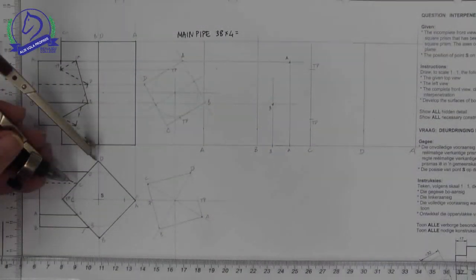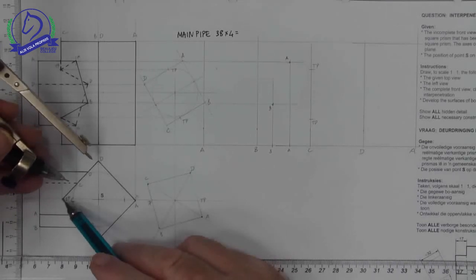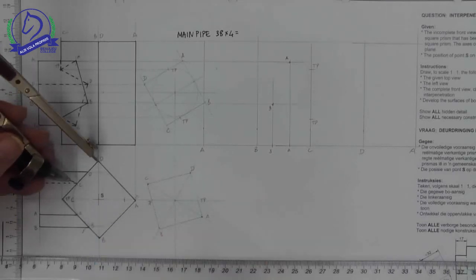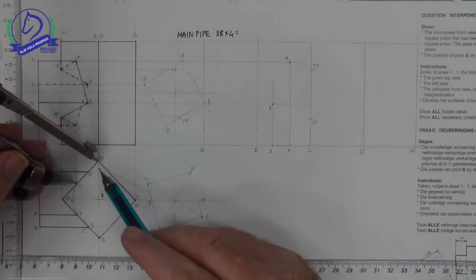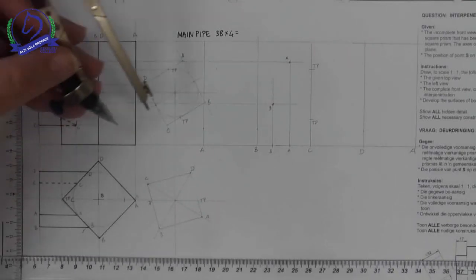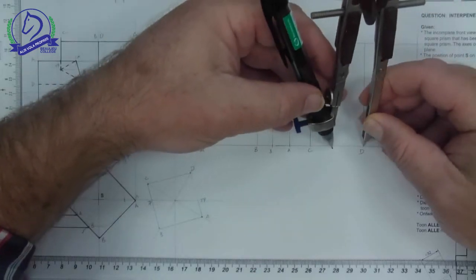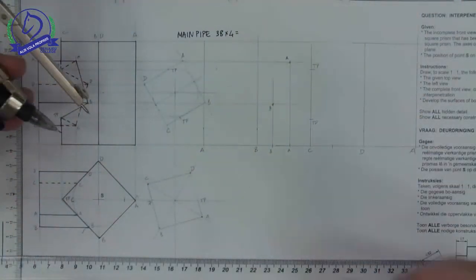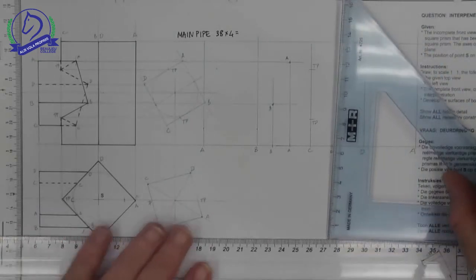To find point C, you can measure from C on your main pipe to C on the branch pipe. I like measuring longer distances with my compass, so I'm measuring from D to C. I just need to remember that when I take that to my development, I mark from D going back towards C to give me the C point for my branch pipe.